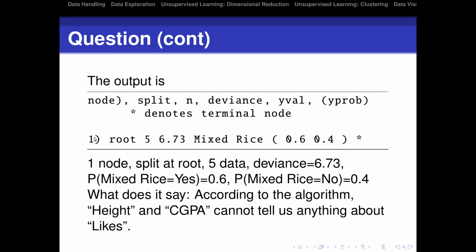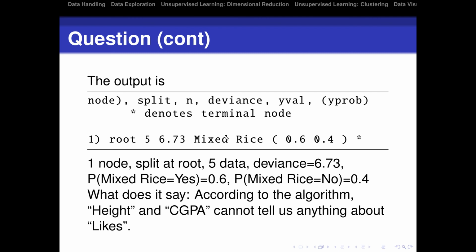The node tells us how many nodes we have. We only have one node, and it's split just at the root. n equals 5, so there are 5 rows. Deviance is some statistical value which I have not learned, so I have no idea what it is. The y value is basically the response value.